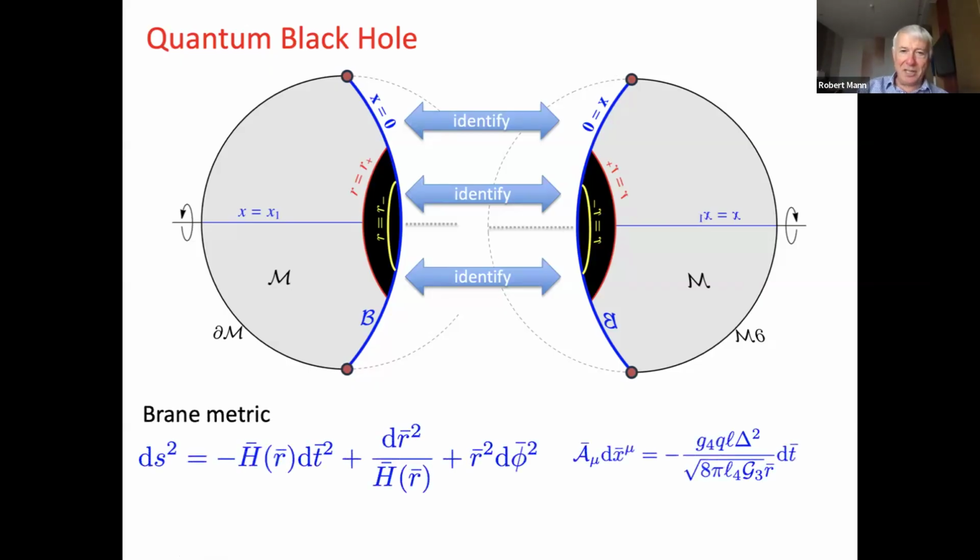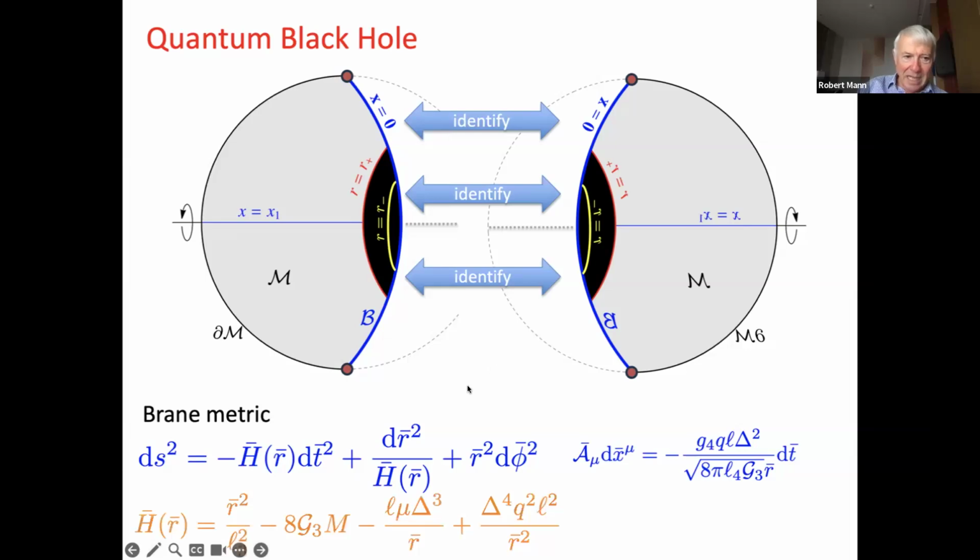So the brane metric is easily obtained. It's obtained by setting x to a fixed value of x equals 0. x increases around like so.